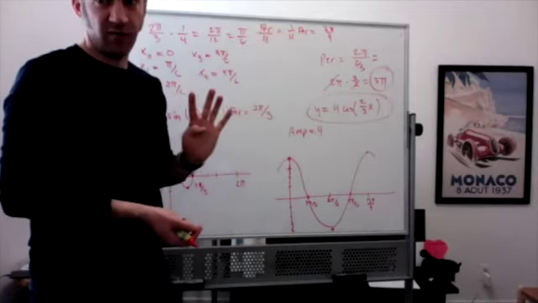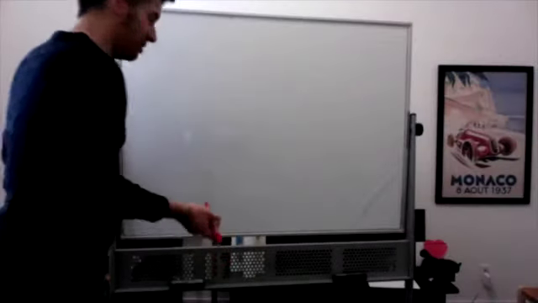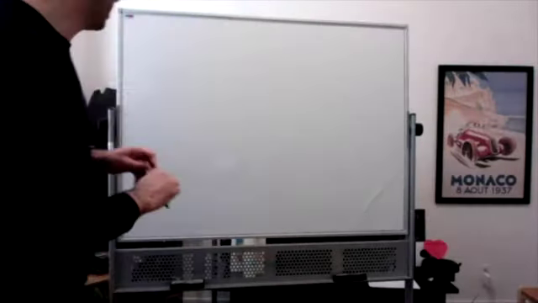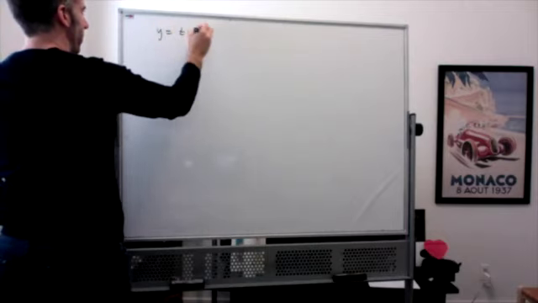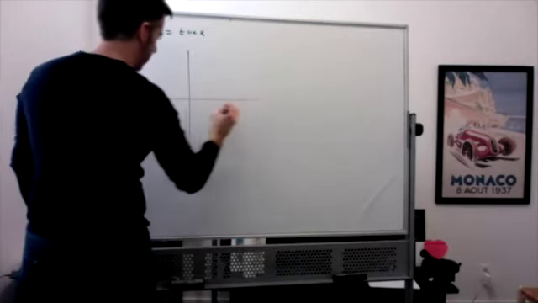There are 4 other trig functions, though. I do feel like we should mention them. So there's tangent and cotangent. When I'm graphing tangent and cotangent, there's really just one part that I graph. So if I'm going to graph tangent of x, it's always going to look like this.